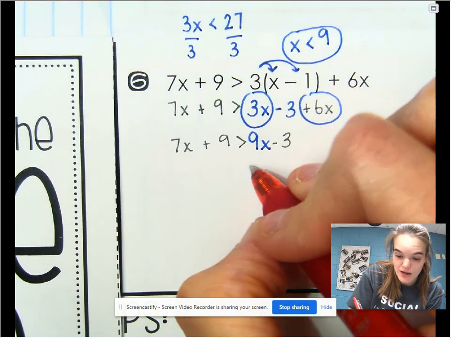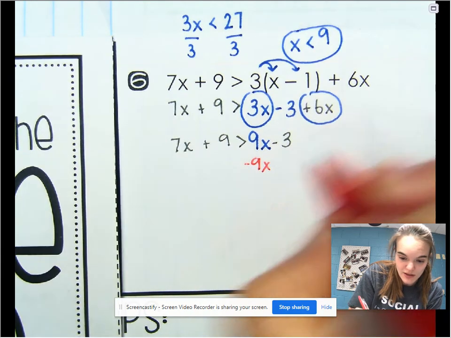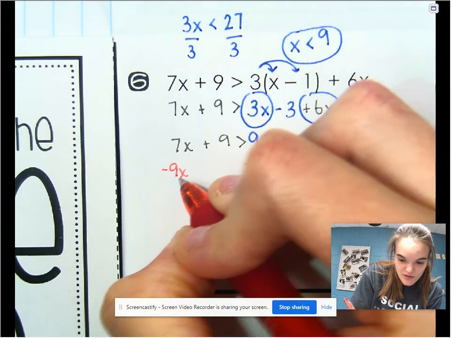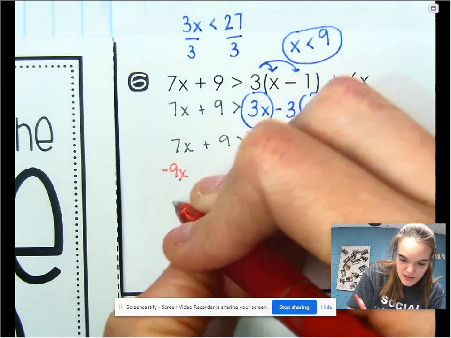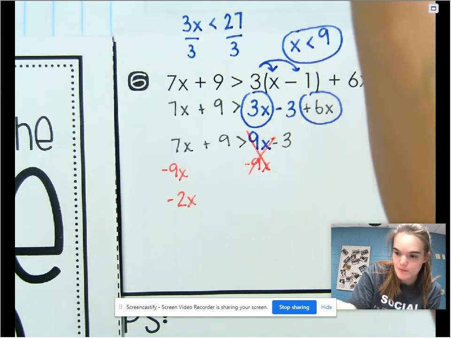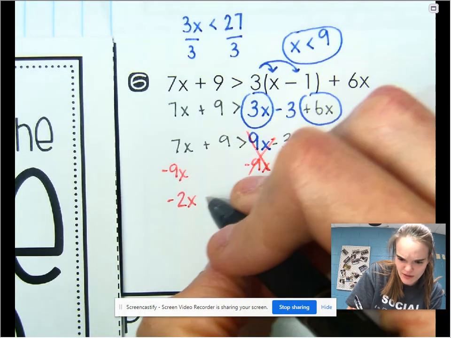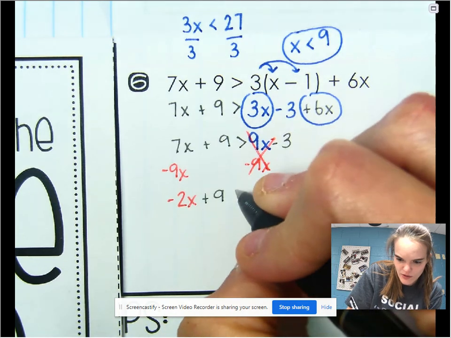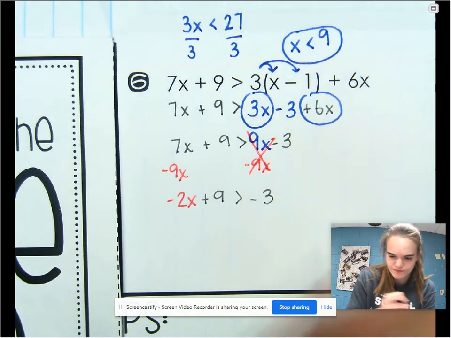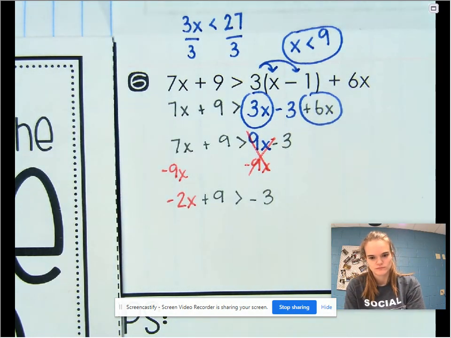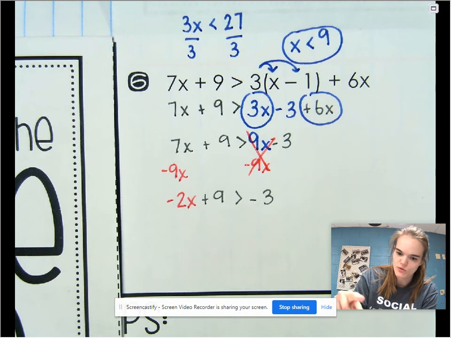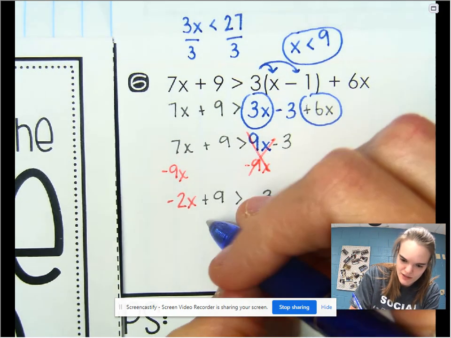I've done that every time. That's what I'm going to do this time. Minus 9x, minus 9x, negative 2x, plus 9 is greater than negative 3. Okay. Now move over the 9, so subtract 9.